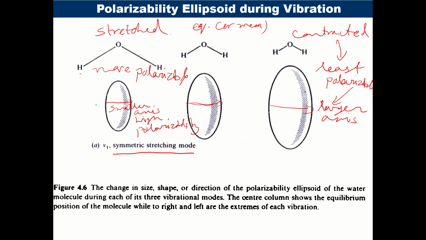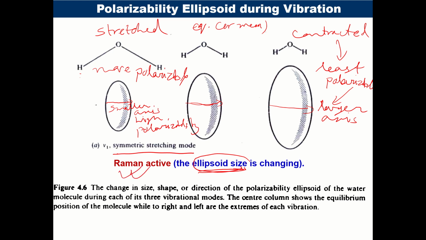So in this direction, what is happening when there is symmetric stretching? There is a change in the ellipsoid size. The ellipsoid size is changing. So this is Raman active. We say that this is Raman active. So at least one aspect is changing, that is the size. The size of the ellipsoid is changing when the water molecule undergoes this kind of symmetric stretching vibration.